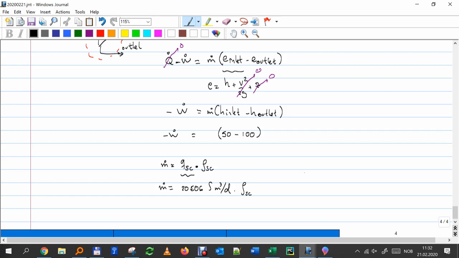I think for this we have to use the gas equation, P over density is equal to RT, at standard conditions. So density at standard conditions is P over R T SC, and this R is the universal gas constant divided by the molecular weight.